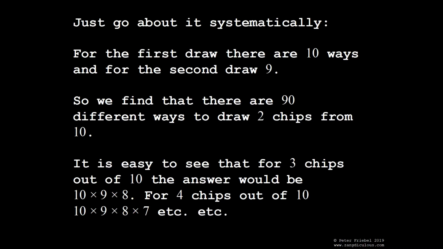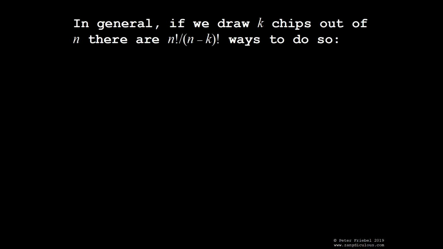It is easy to see that for 3 chips out of 10 the answer would be 10 times 9 times 8. For 4 chips out of 10, 10 times 9 times 8 times 7, etc. In general, if we draw k chips out of n, there are n factorial divided by n minus k factorial ways to do so.